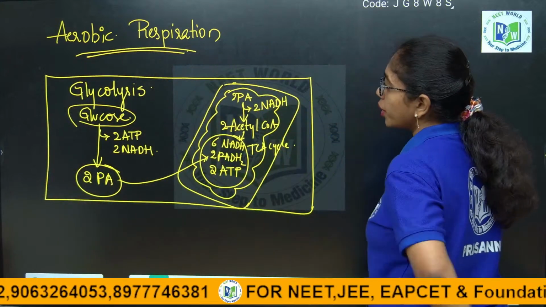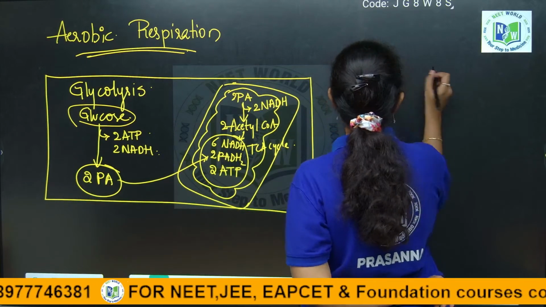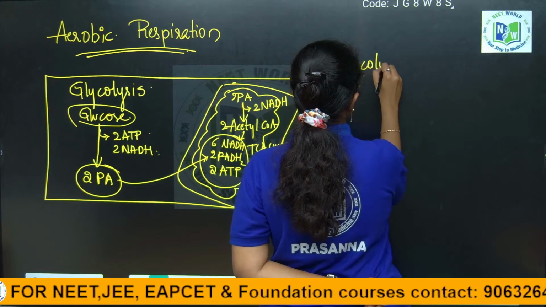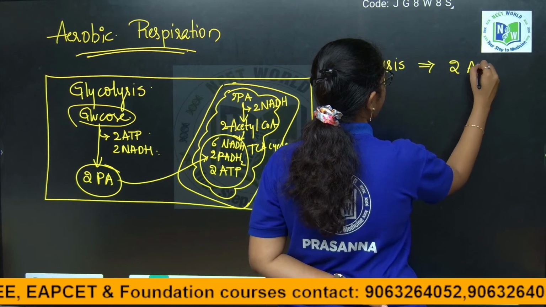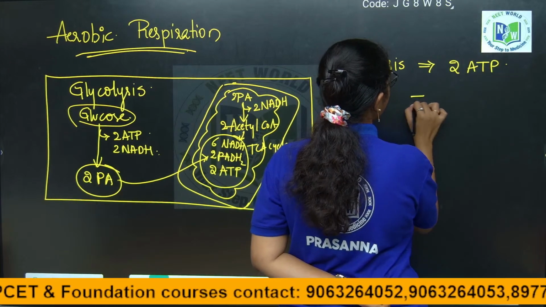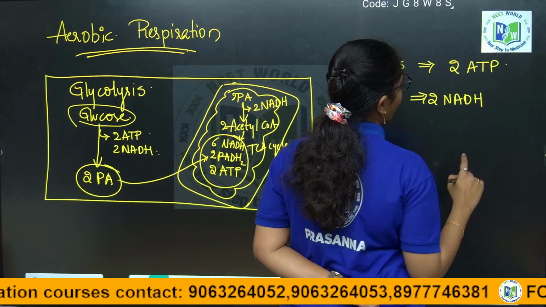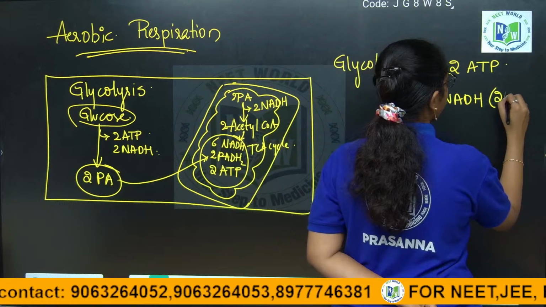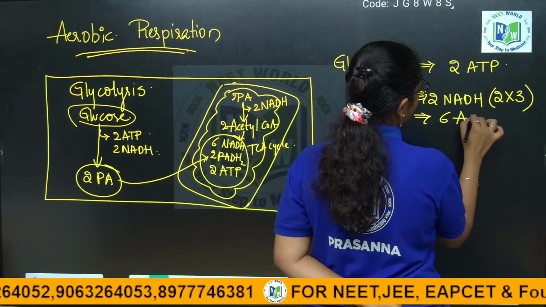So if you look at glycolysis, it is 2 ATP and 2 NADH. 1 NADH is equal to 3 ATP, right? So 2 into 3, how much? 6 ATP molecules.